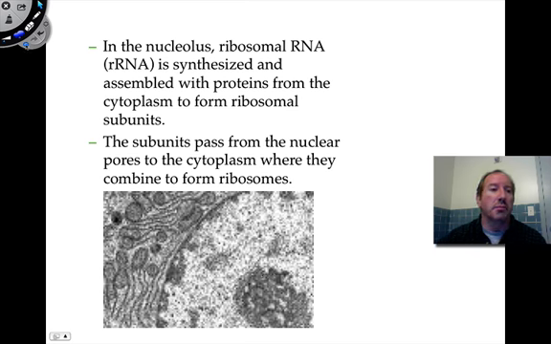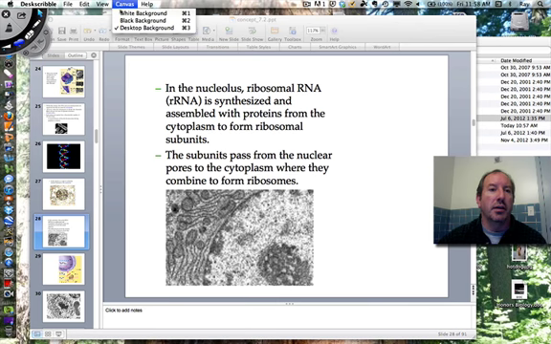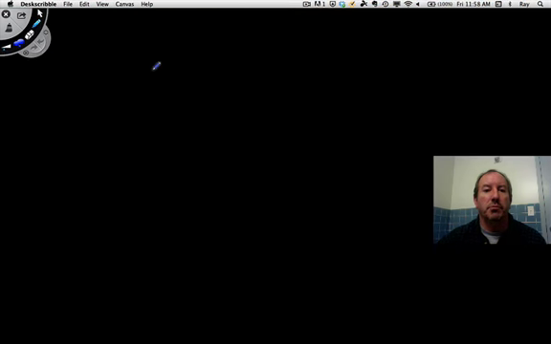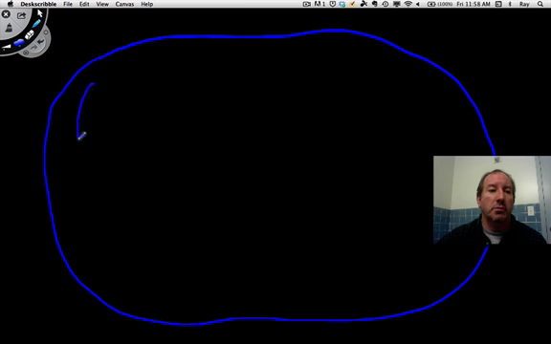And so let me back it off over here and see if I can come to my slideshow. Let's be hopeful. So let's say that here's our cell, the plasma membrane, and here's the nuclear membrane.